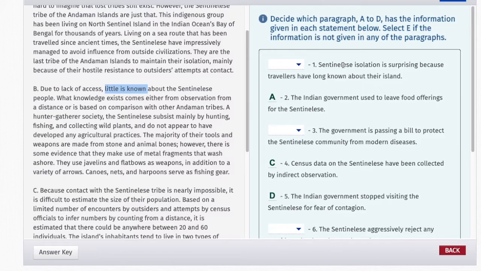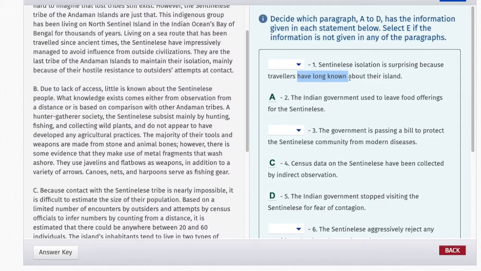But does that mean that this sentence, due to lack of access, little is knowing about the Sentinelese people, is that the same idea as Sentinelese isolation is surprising because travelers have long knowing about their island? Is that the same connection? That's what is meant by key idea search.